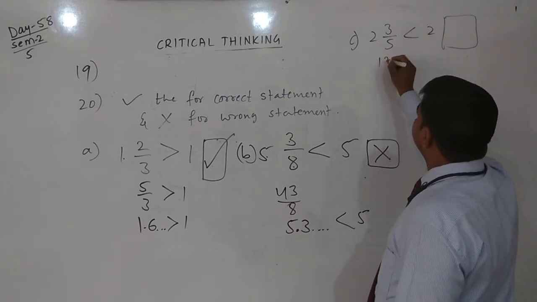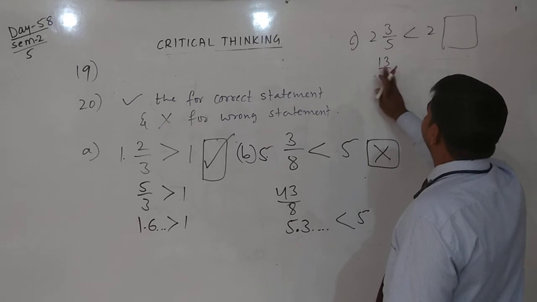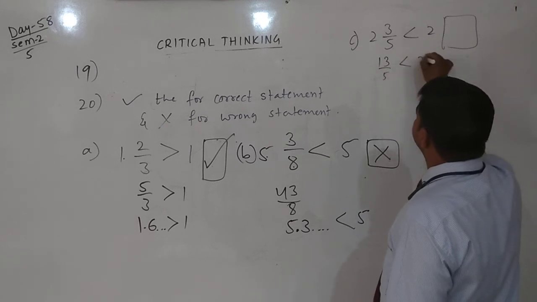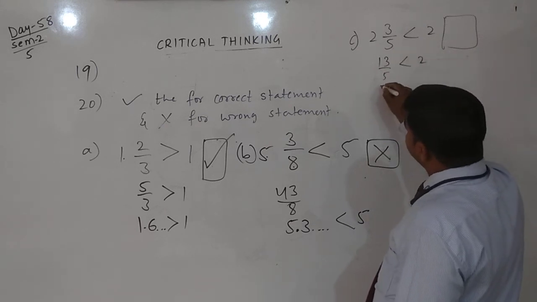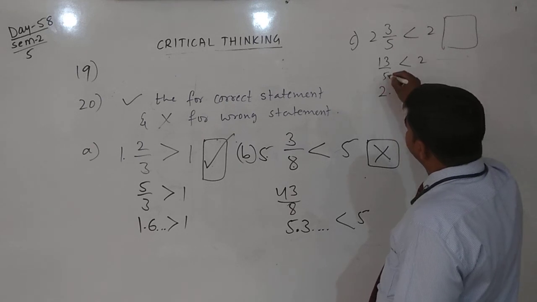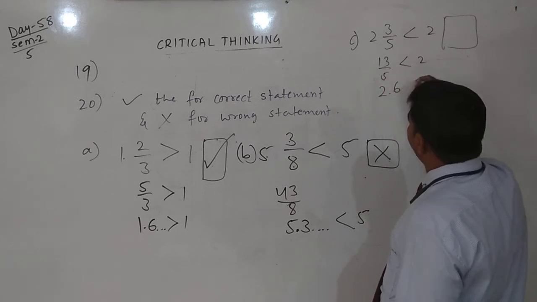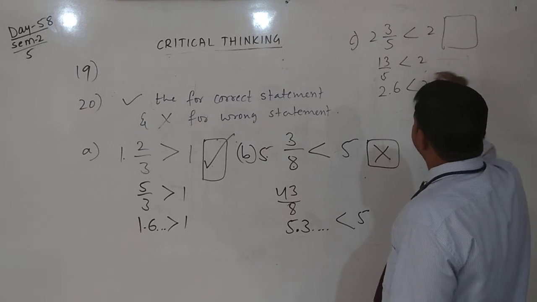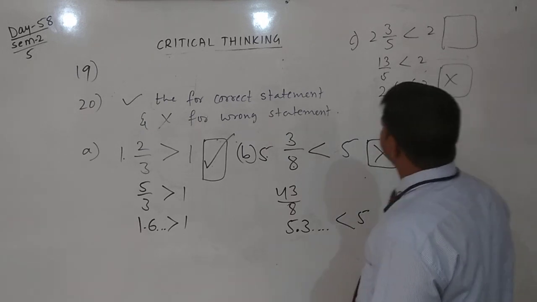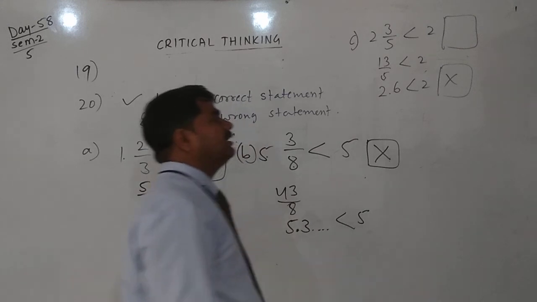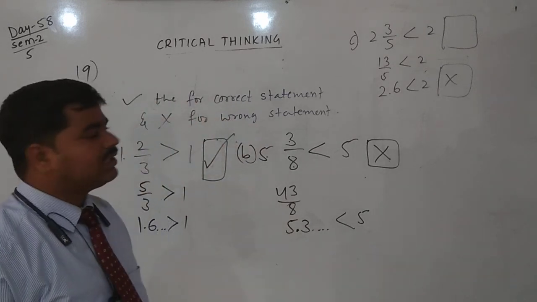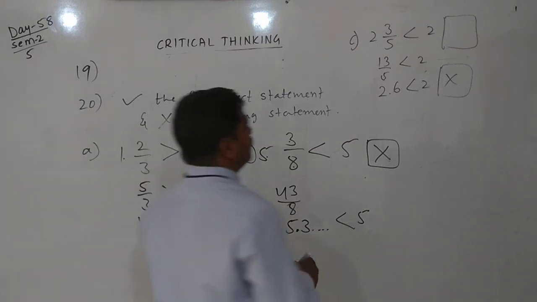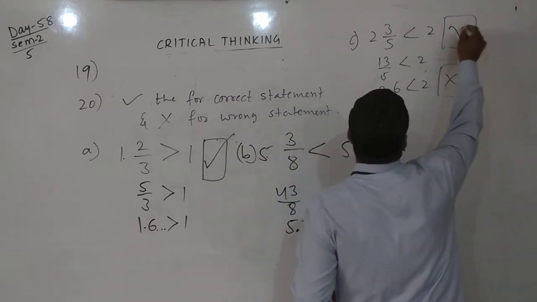Then 13 by 5 means 5 2s are 10, 3 remains, 2.6. It is wrong. 2.6 is not less than 2, it is greater than 2.